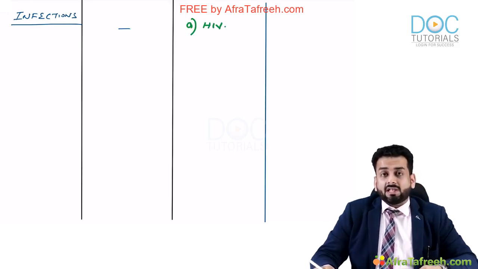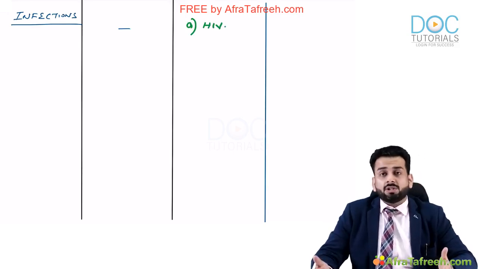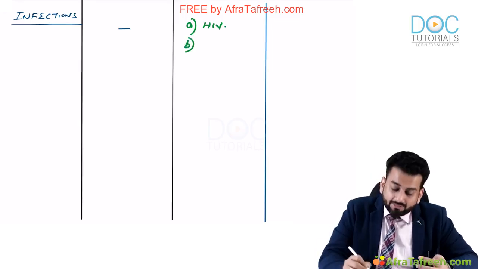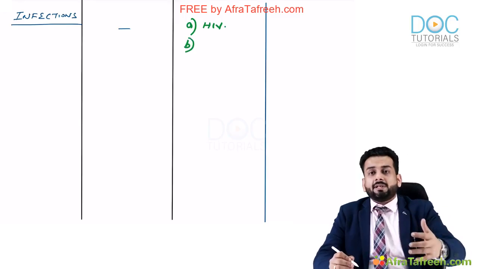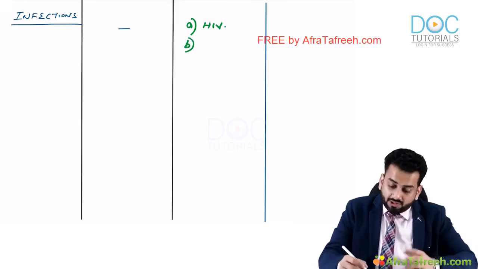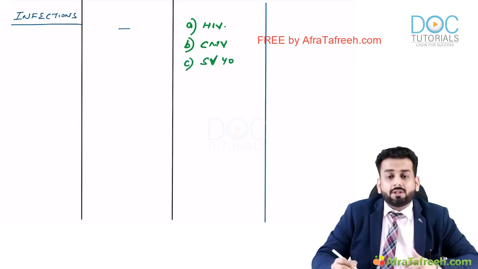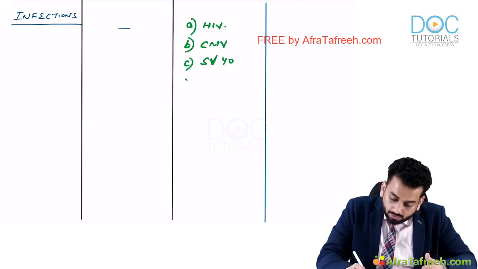It has contracted HIV. The patient who is an IV drug abuser, of course, is more prone to HIV. Again, when he is an HIV patient, of course he will have opportunistic infections like cytomegalovirus, like simian virus 40, SV40. Also parvovirus B19.